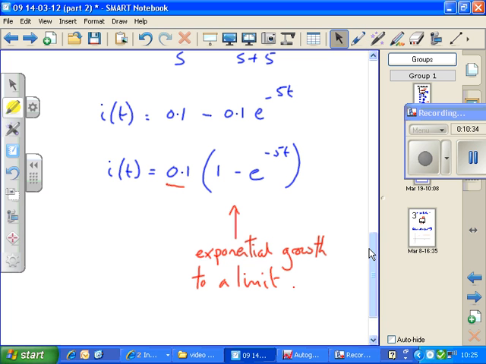But we can put that into Autograph and check what the curve looks like. So if you'd like to fire Autograph up and try putting that in.